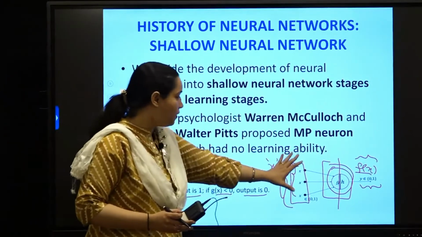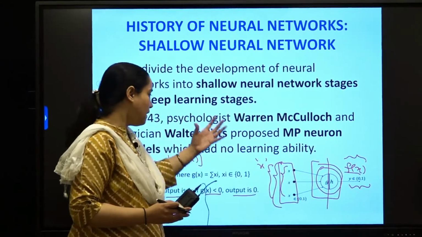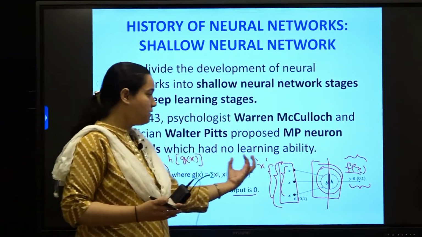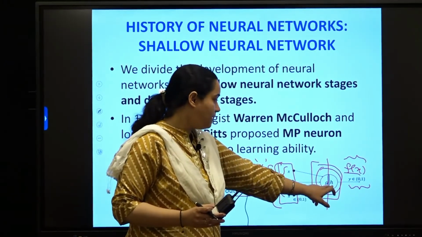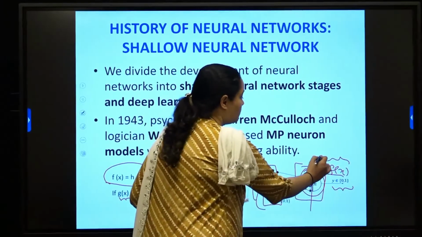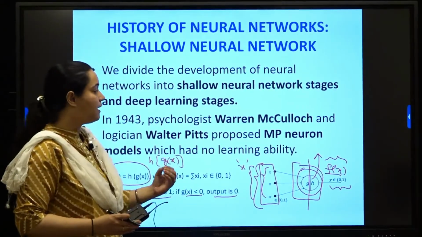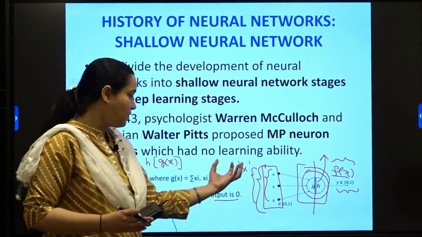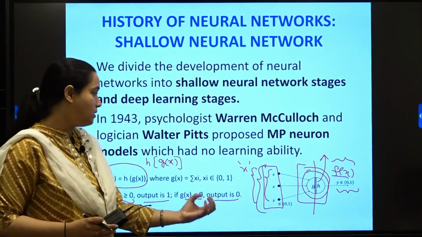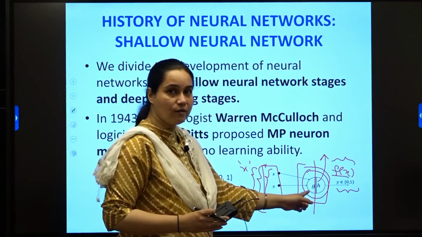So this was the first of its kind of model where mathematically you take all inputs, summate them and give it to a mathematical model, and then this part H is going to be an activation function which decides the final output. So g of x will give you the sum of the inputs and h of x is going to decide the output from g of x.